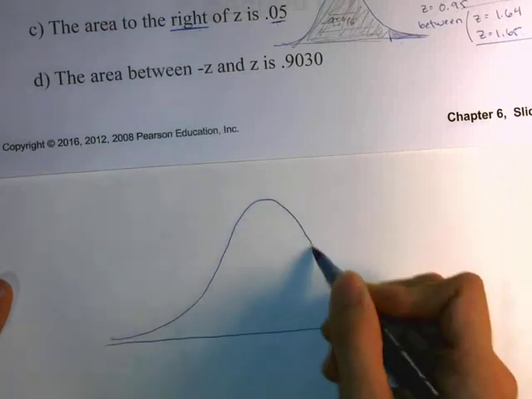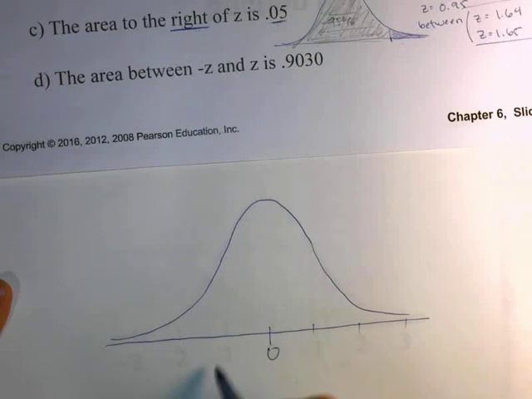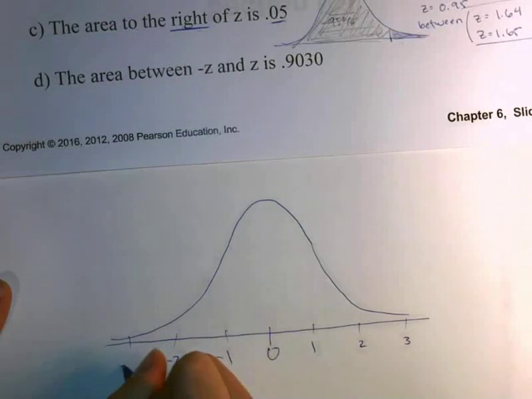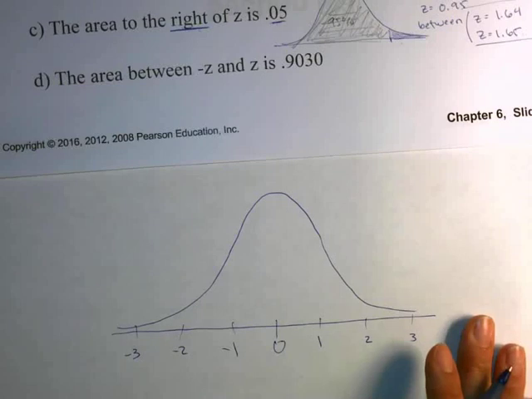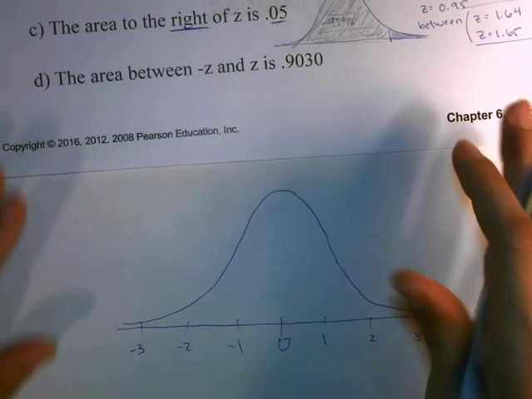So let's draw a standardized normal distribution of z. 0, 1, 2. Okay, so there's a standardized distribution of z.